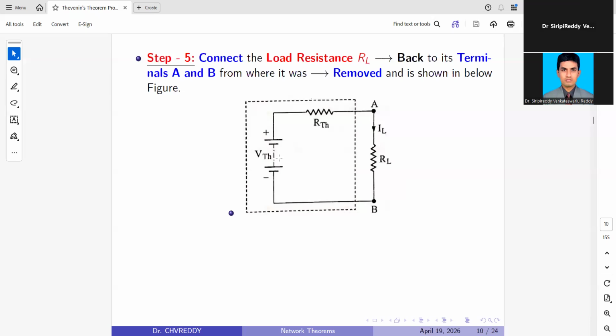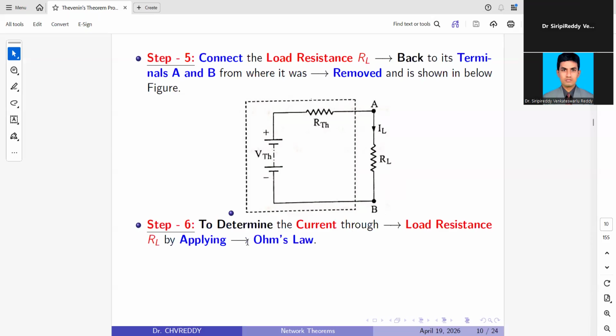The Thevenin voltage is there, the Thevenin resistance is there. In step 5, we are going to determine how much current is passing through the load resistance.